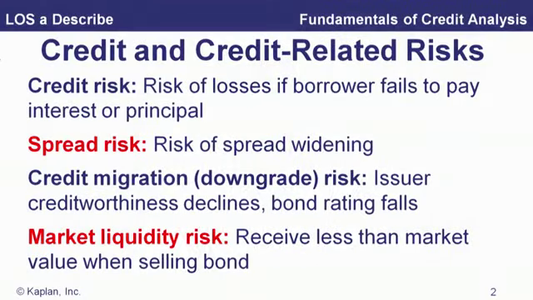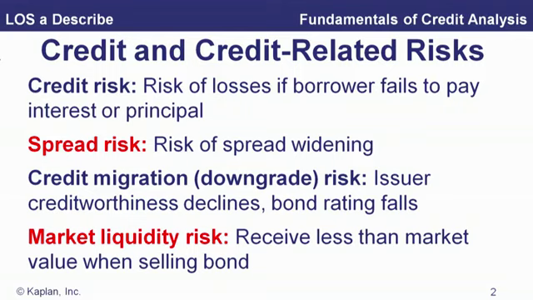Even if that base rate, the government bond yield curve, stays the same, we can have changes in yield for risky credits because that spread can narrow and widen over time. When we speak of credit migration, or sometimes downgrade risk, that's when the issuer's creditworthiness declines and the bond rating falls. So that's pretty straightforward to understand.